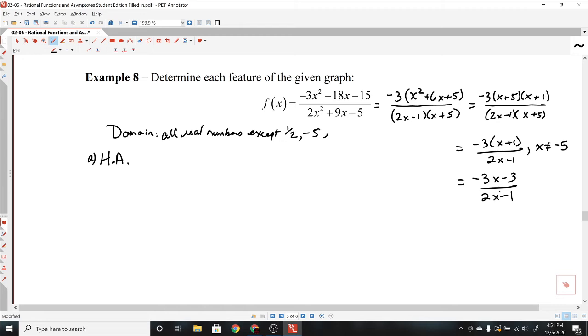The degrees are the same here, so -3/2. So y equals -3/2 is my horizontal asymptote. We have a vertical asymptote wherever this reduced form has a denominator that's 0, which happens at x equals 1/2.